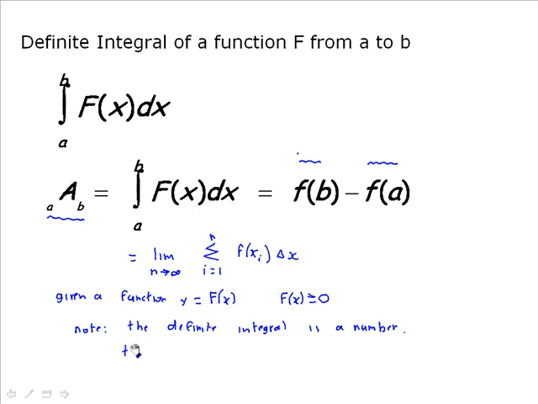The indefinite integral is a function. So they're very closely related, because for the definite integrals, you have to find what the antiderivative is. So it really is dealing with an indefinite integral, but you have to get the number ultimately with it.